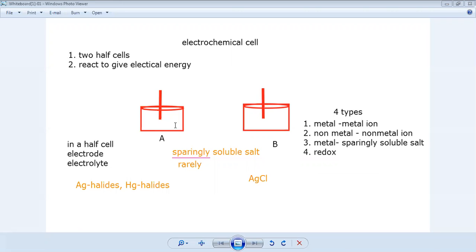Let us start from the electrode. Okay, pay attention everybody. The rod will be made from the metal of the sparingly soluble salt.